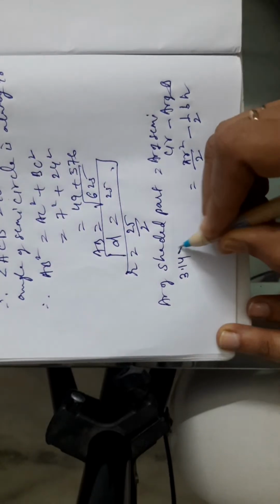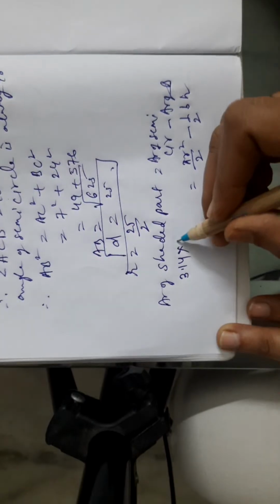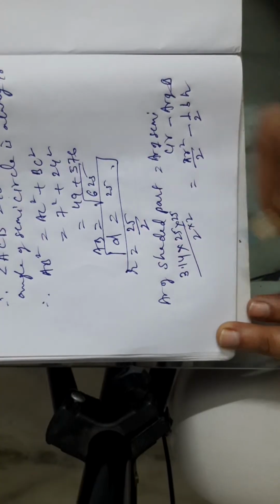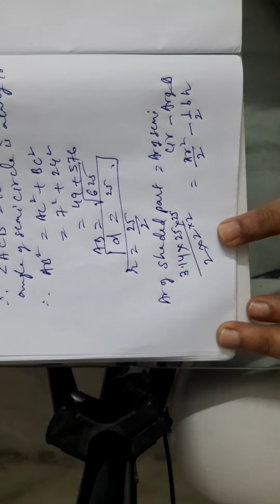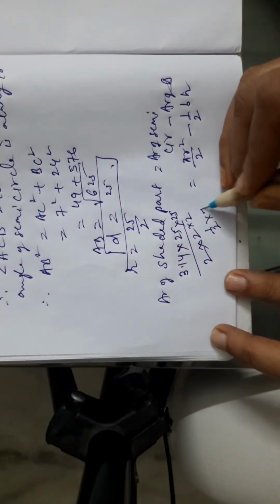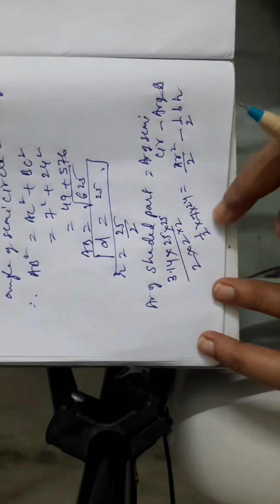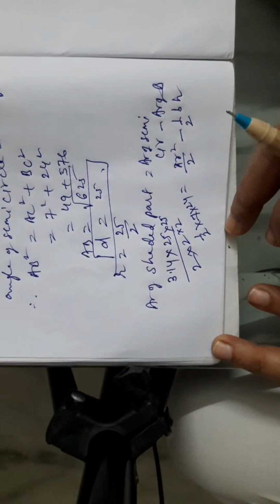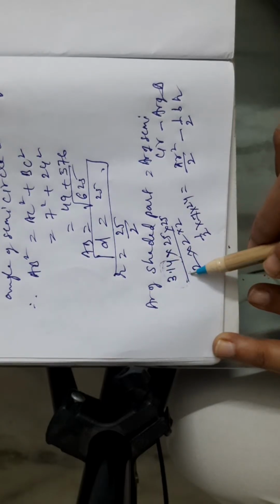Pi is 3.14, radius is 25 by 2. So this is the first calculation for the semicircle, and then for the area of the triangle, half, base is 7, height is 24. If you subtract both answers, you have the result. If 3.14 is not given, use 22 by 7 there.